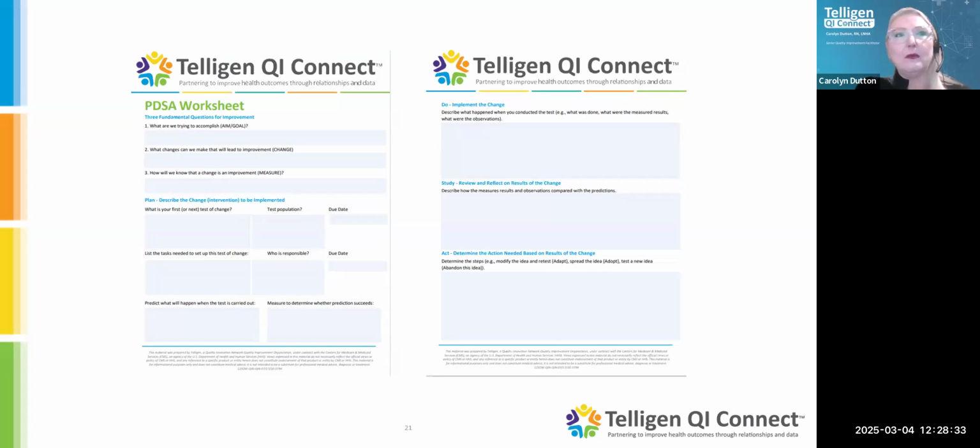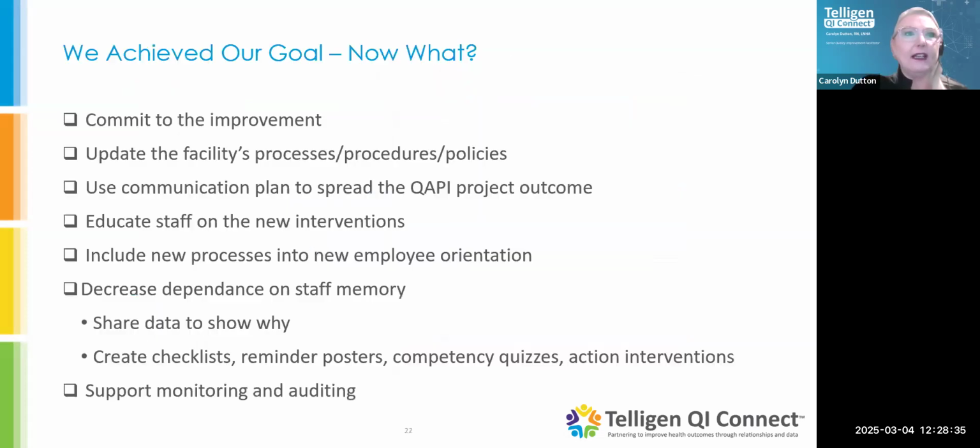Now, on the next slide, we're going to talk about, again, that sustainment piece. You want to make sure that you're committed to that improvement, that you update any of your facility's processes or procedures and policies. Make sure that you're communicating that and the outcome to your staff. Make sure that your new staff is educated on all of these new interventions that you've added, and make sure that you include the processes in your new employee orientation.